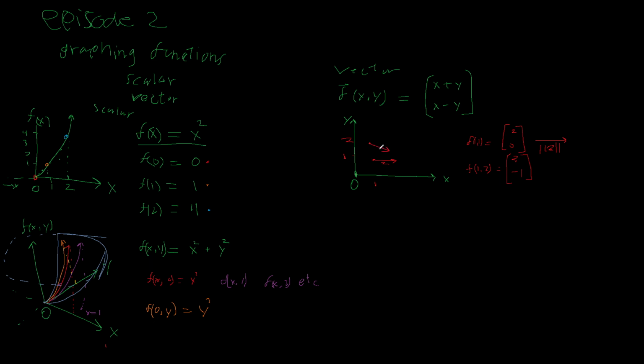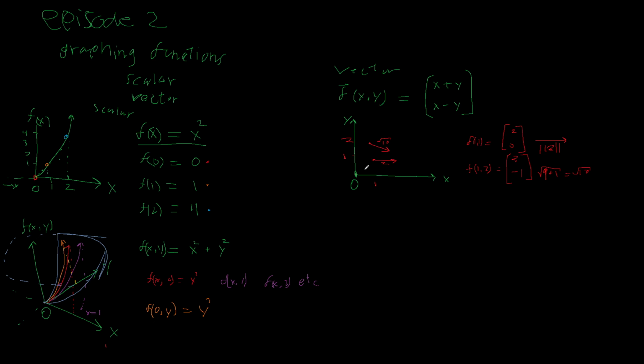It's going to look like this, right? And it has magnitude, wait, no, it has magnitude square root of 9 plus 1, which is square root of 10, right? So this has length square root of 10.